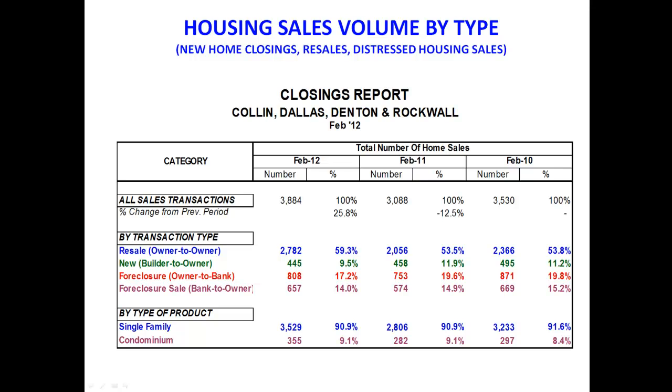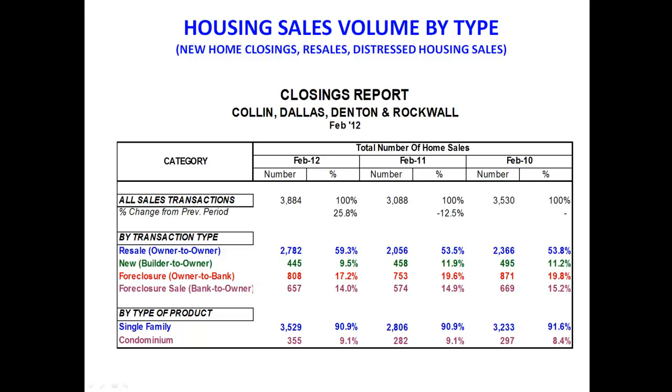Let's look at the total distress percentages here. If you can, I'll draw your attention to the foreclosure owner-to-bank numbers 2 years ago, 1 year ago, and current February. 19.8% in 2010, 19.6% in 2011, and now all the way down to 17.2%.